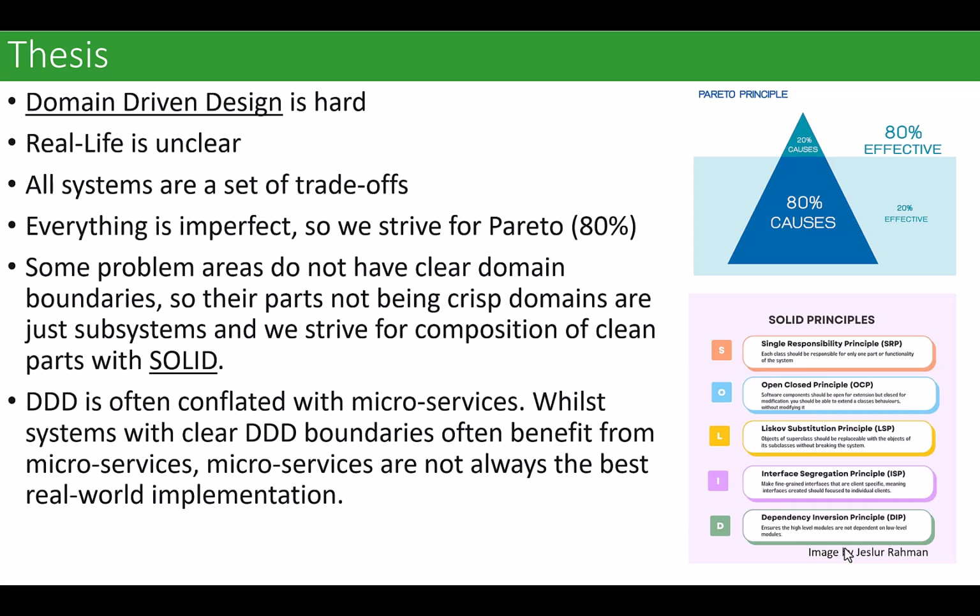And the other thing is that sometimes microservices aren't the best way to implement things because they cause interesting challenges. And sometimes the overhead of solving those challenges is more costly than combining or conflating the domains.